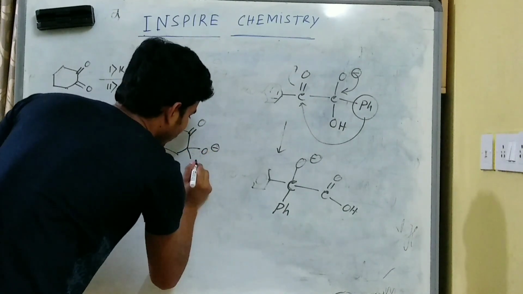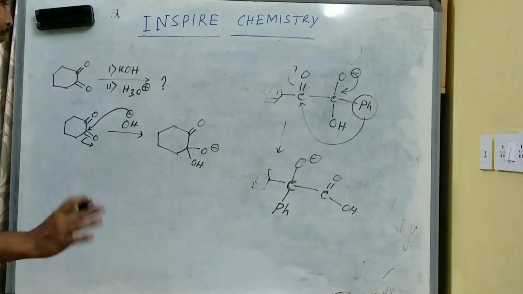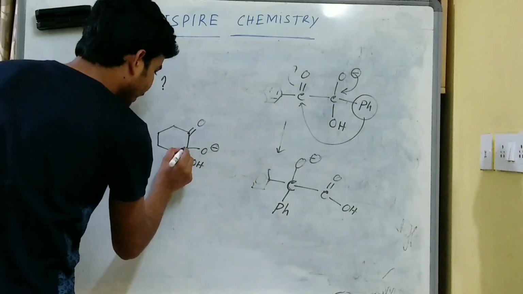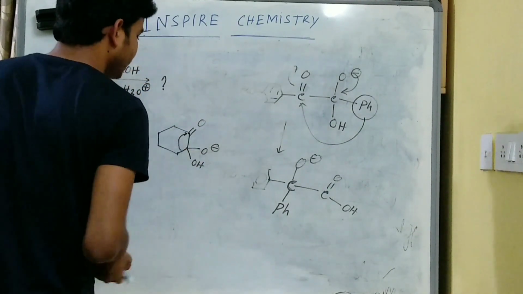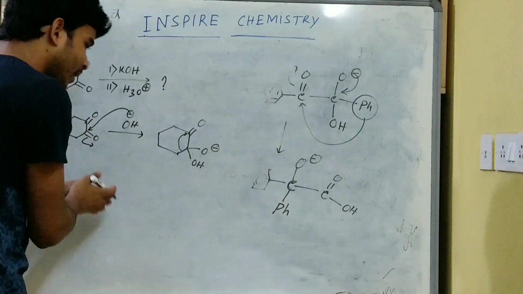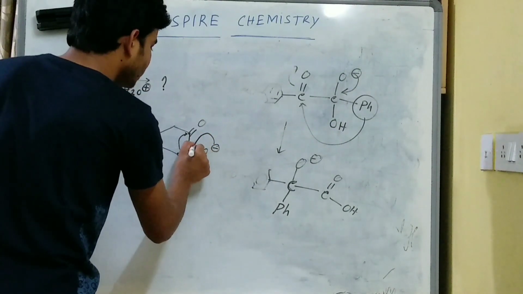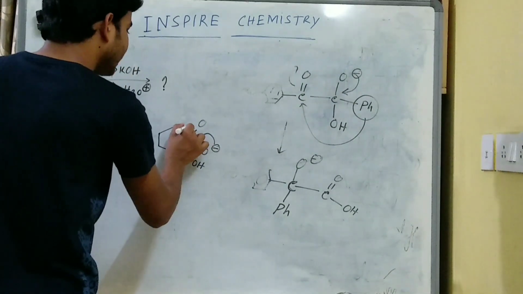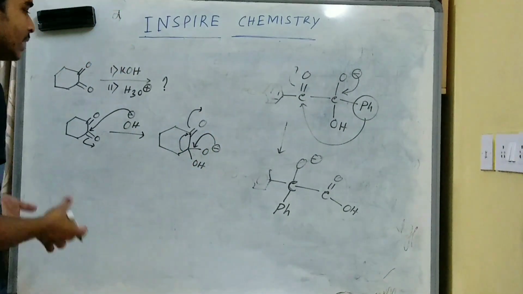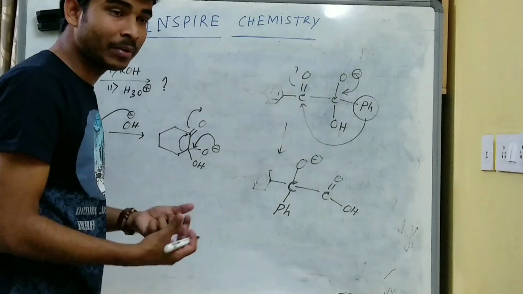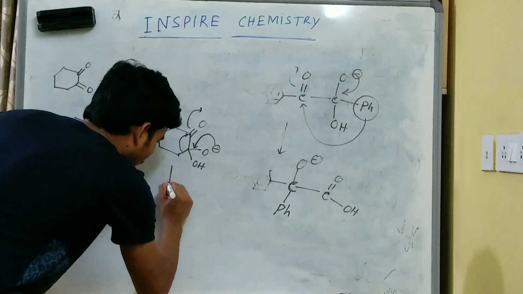O negative and OH. After that this bond will migrate. At first OH minus will attack, then bond migration, and after that this oxygen will get back to its position and this double bond oxygen will be released. These are the steps of the benzil-benzilic acid rearrangement.